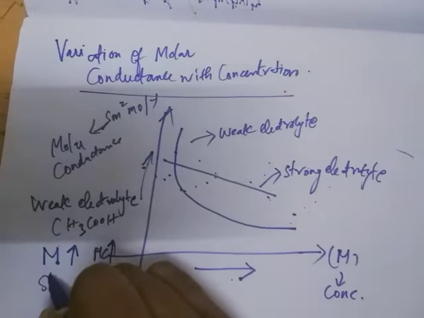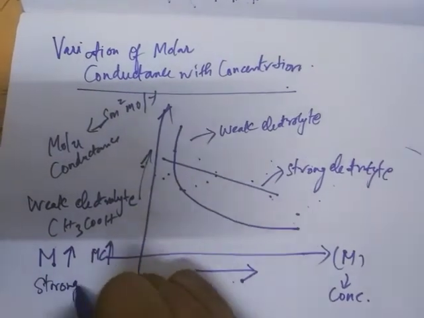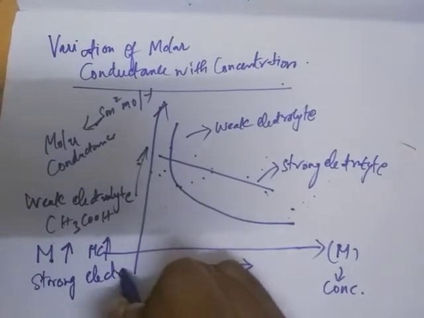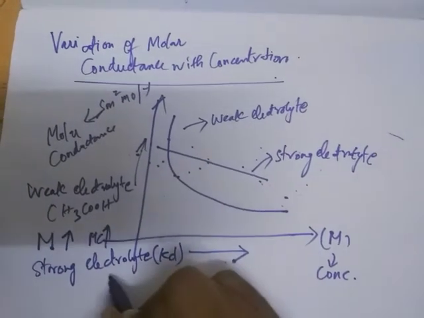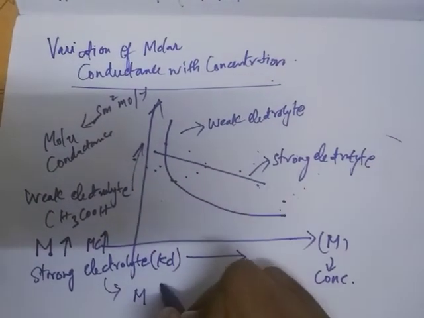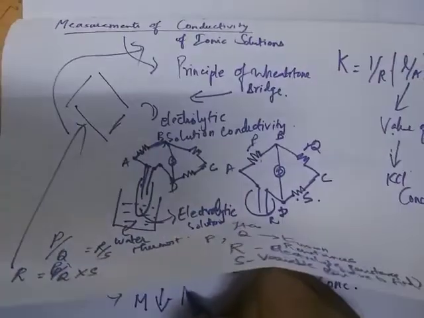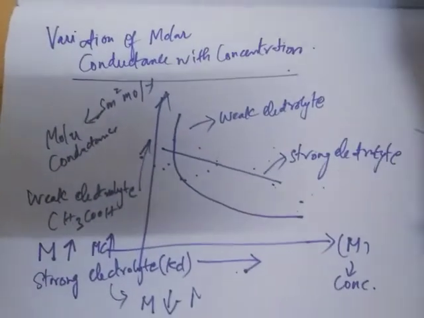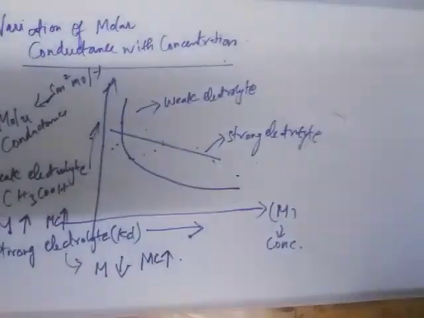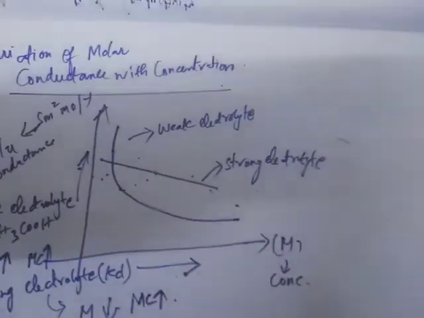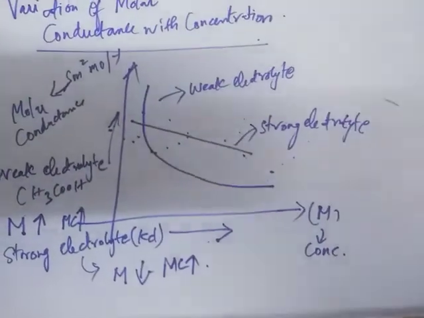But for a strong electrolyte, for example KCl, the molar conductance decreases as the concentration increases. So this is the variation of molar conductance with concentration.